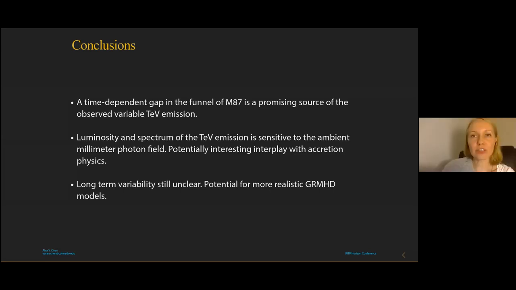Yes, so for example, is the model that you have shown, the wonderful movie with the gaps forming, scaled for M87? Did I understand that correctly? No, this is in numerical units. So our philosophy was a little bit different from other groups, especially from Amir's work. They try to use realistic parameters.